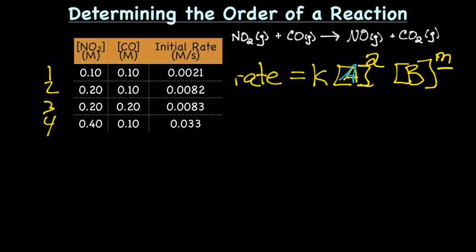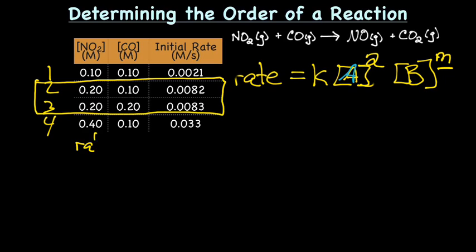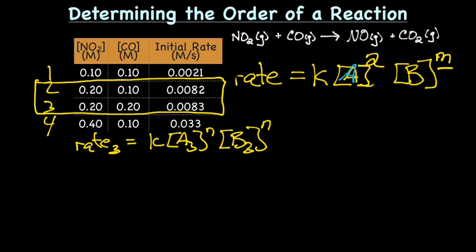That looks like experiments 2 and 3. So again, we will have rate 3 equals K, concentration of NO2 to the N, CO to the M. I should really not be writing it that way.